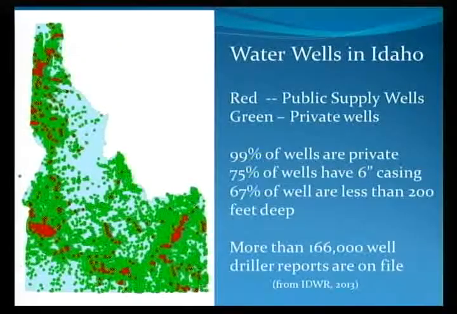So this is just a map that generally shows the water wells in Idaho. The red dots indicate public supply wells, excuse me, the green private wells.